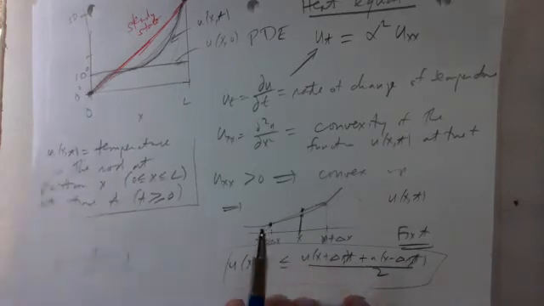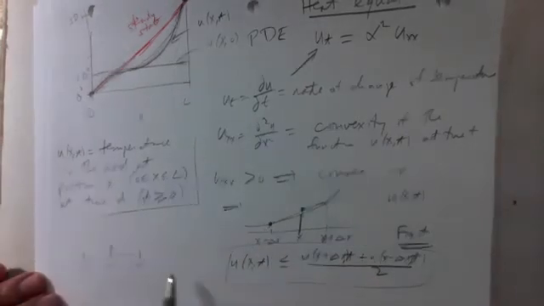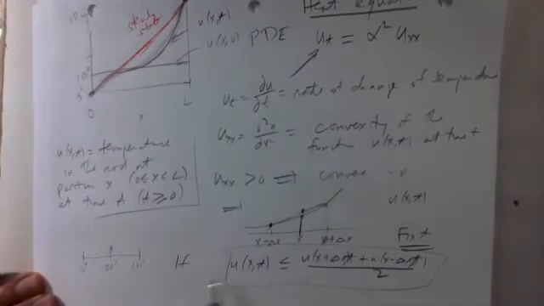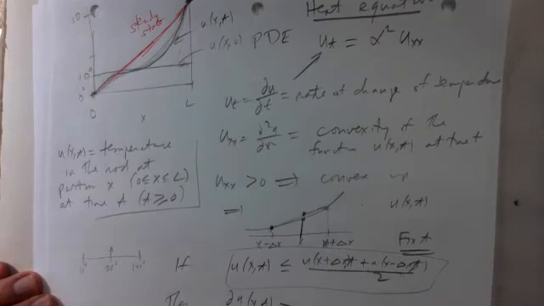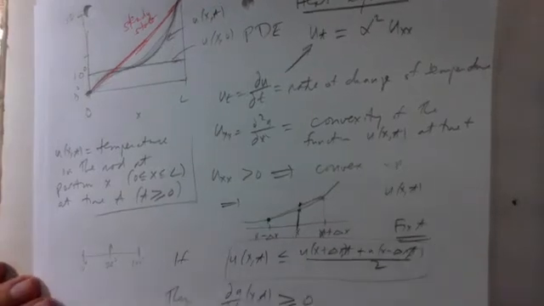So we would expect that if the temperature at some point is less than the average of the temperatures at 2 nearby points, then the partial with respect to t should increase.